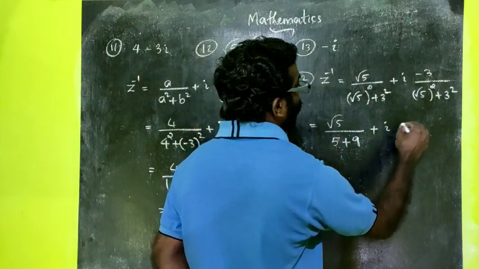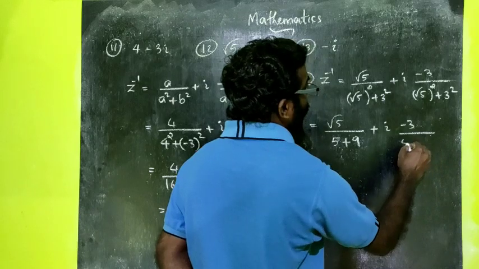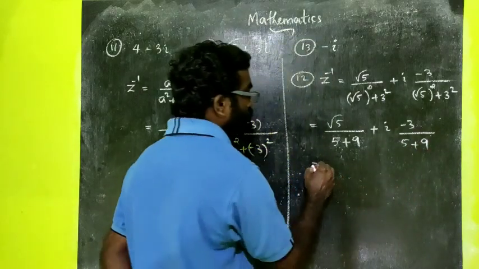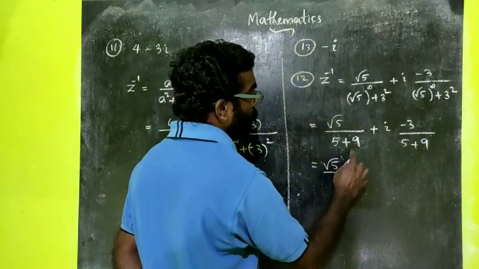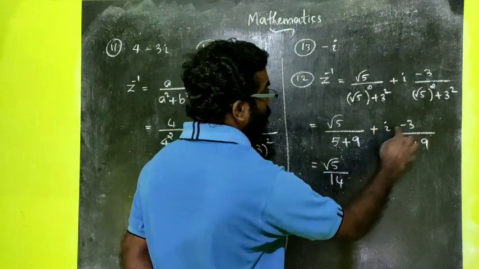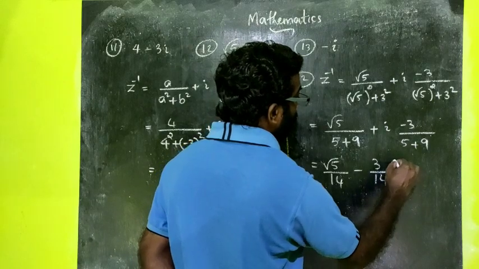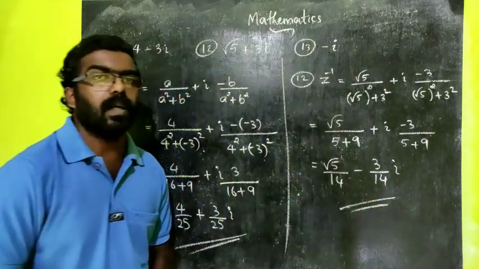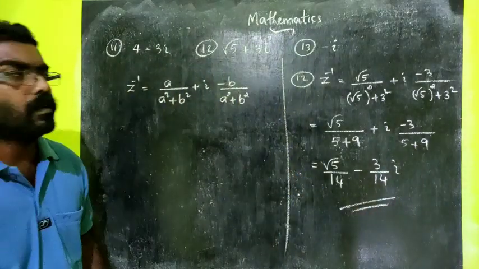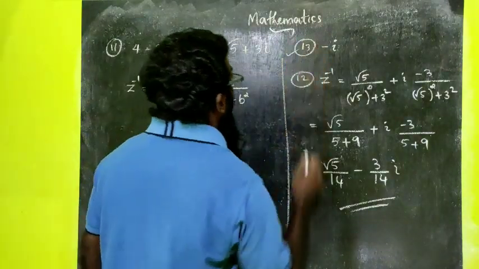Then plus i into minus 3 by 5 plus 9. That is root 5 divided by 9 plus 5 is 14. Plus into minus is minus, minus 3 by 14i. Okay.